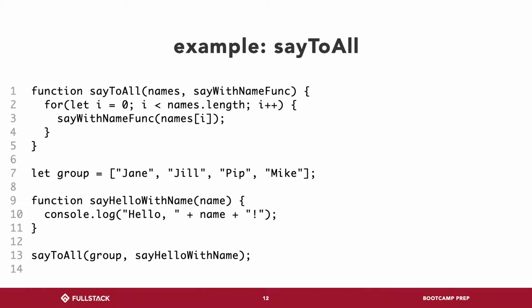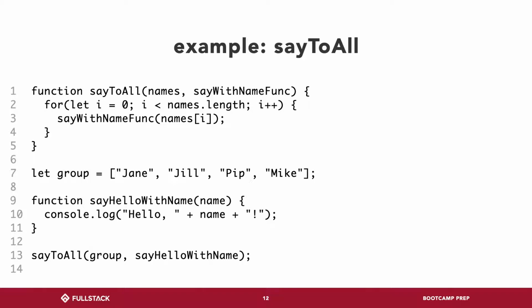So then we define an array like group, Jane, Jill, Pip, Mike, right? Just an array with 4 values in it. Then we define another function, say hello with name. This function looks like it's taking one element, name, and it looks like it's just going to console log hello, name, exclamation point.